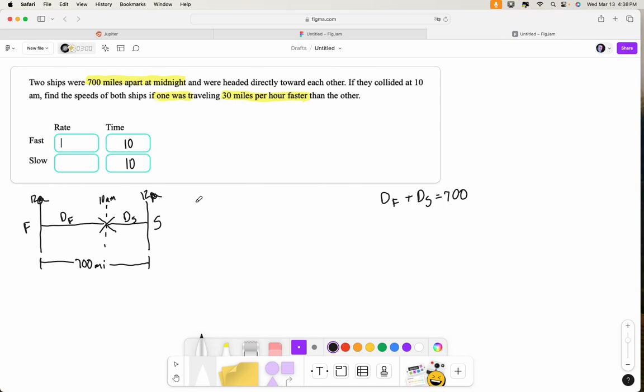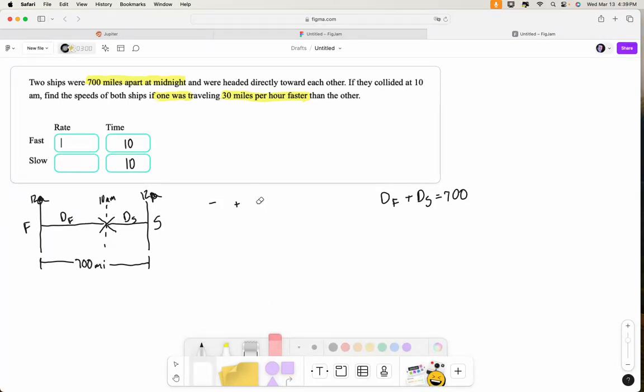So if the faster one is 30 miles per hour faster than the slow one, that means we're going to take the speed of the slow one and add 30 to it. So that's what the speed of the faster one is, right? The rate of the faster one is the rate of the slower one plus 30 miles per hour.